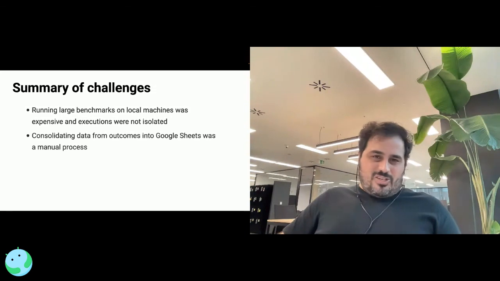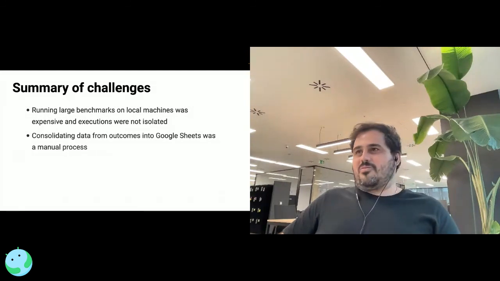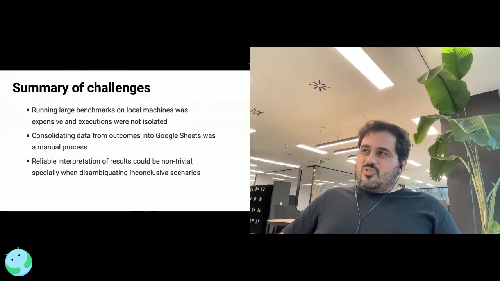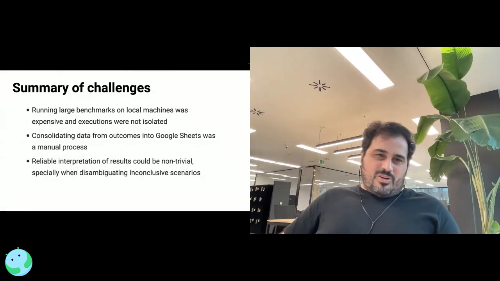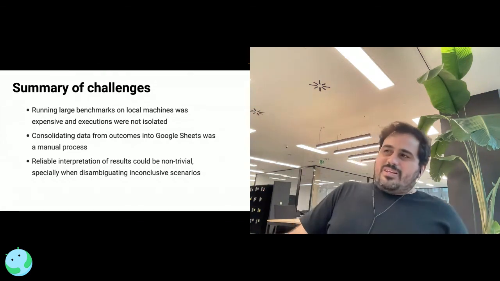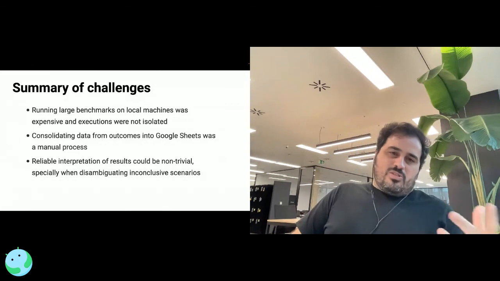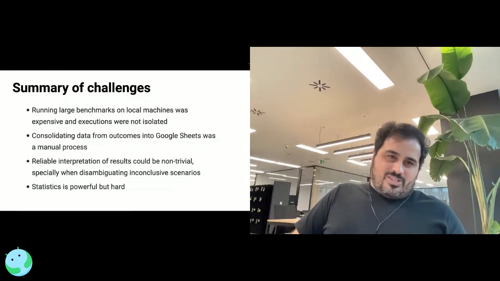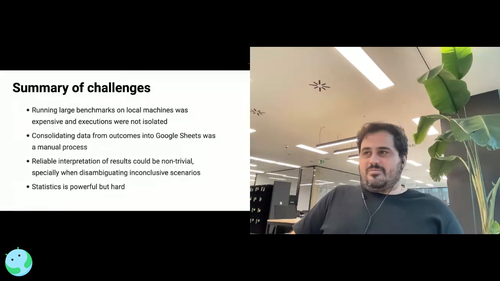Consolidating the data sources into Google Sheets was a manual process, prone to errors, tedious, not efficient at all. And the reliable interpretation of those results could be nontrivial, because we could have a lot of noise in the samples. And disambiguating inconclusive outcomes was not trivial at all. And of course, statistics is super powerful, but it's hard.